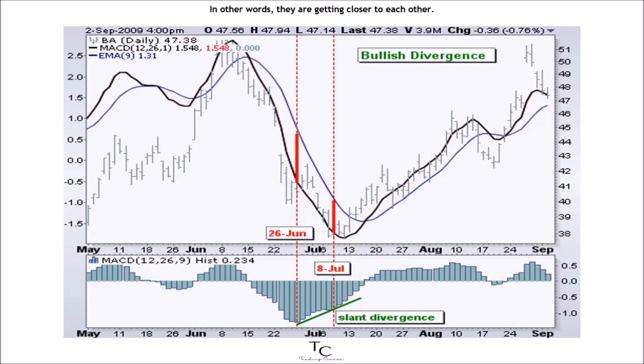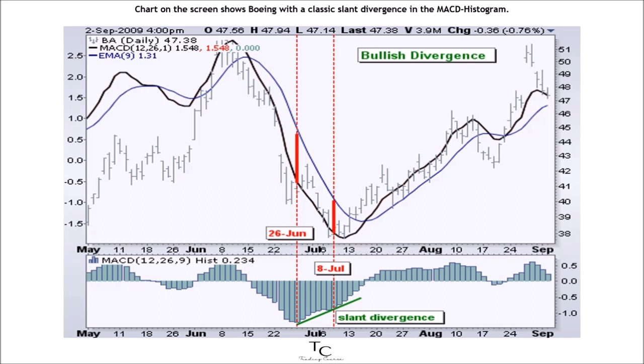In other words, they are getting closer to each other. Momentum shows strength when MACD is moving away from its signal line and the MACD histogram expands. Momentum weakens as MACD moves closer to its signal line and the MACD histogram contracts. A contracting MACD histogram is the first step towards a signal line crossover.